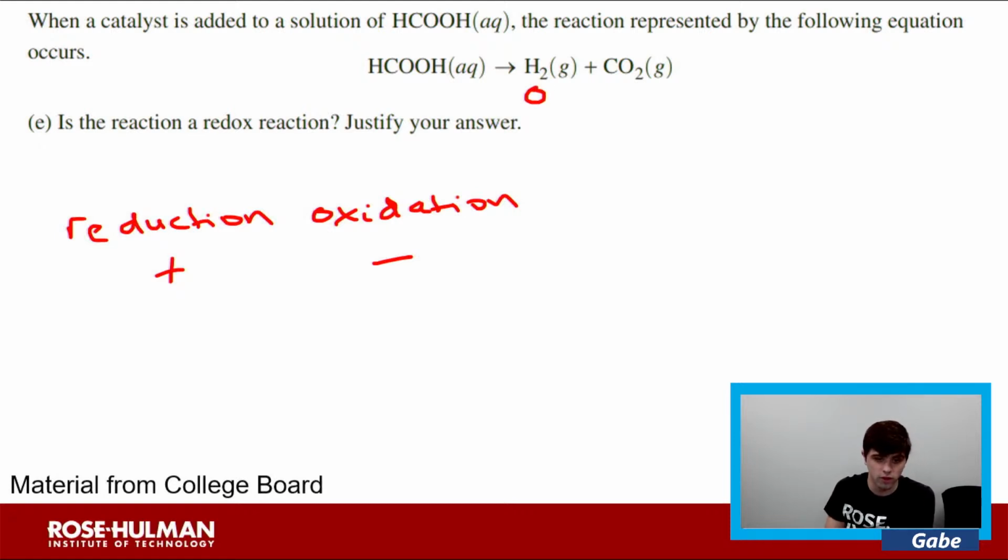If we look at this side now, we have hydrogen, carbon, oxygen, oxygen, and hydrogen. We know that the oxidation number for hydrogen is +1, so we have a +1 here and a +1 there. Now we also know that the oxidation number for carbon is 2+, and oxygen is 2-.